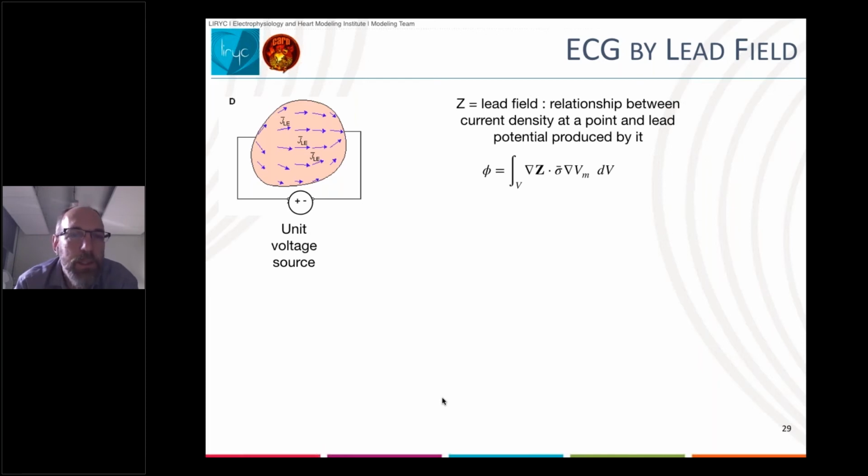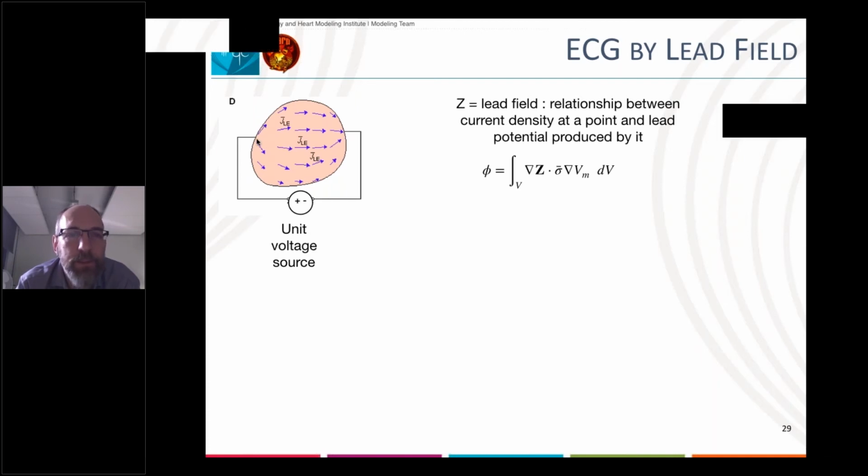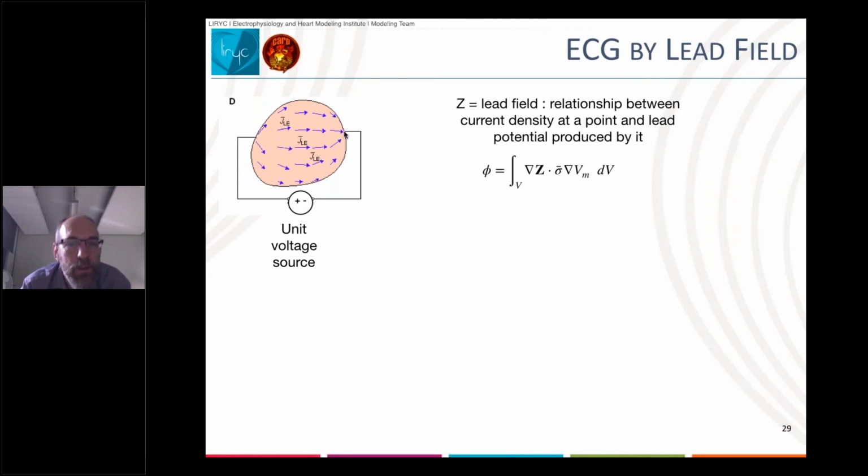You see all the blue arrows, those are all current densities. And our lead is the potential difference between where the two wires are making contact with, pretend it's a heart. The potential in the lead, so it could be lead 2 from an ECG, is the gradient of the lead field dotted with the gradient of the voltage.